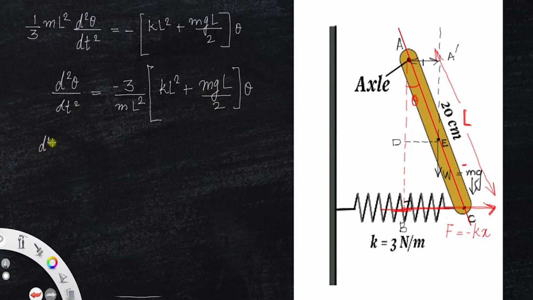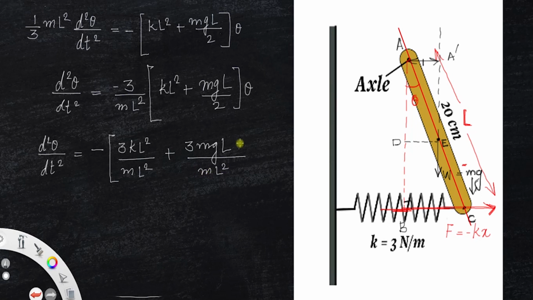So d square theta by dt square is equal to, you can take the value 3 by ml square into the bracket. So this will be 3k L square divided by ml square plus 3 mg L divided by ml square, times theta. Now you can cancel this L square, and this m will get cancelled.